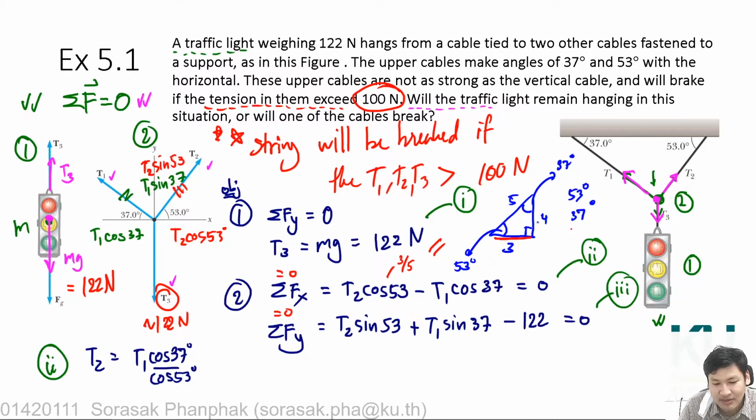The cos is the side close to the hypotenuse, so this is 4/5. How about sine? If you would like to find sine 53, it's 4/5. And if you would like to find sine 37, it's 3/5. So you can take all these values in.